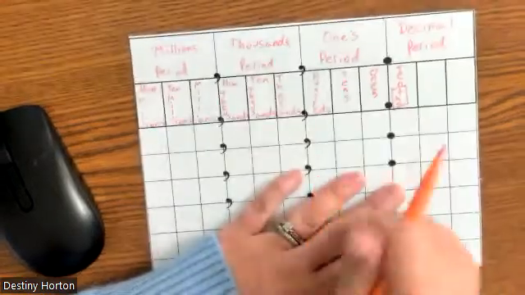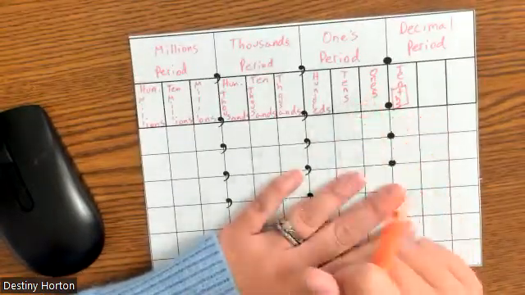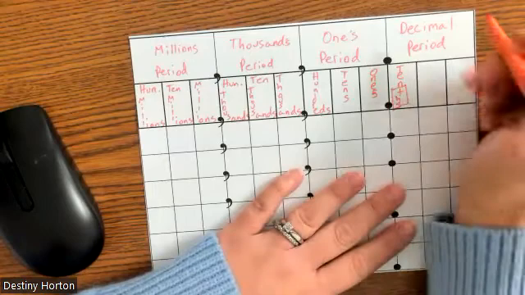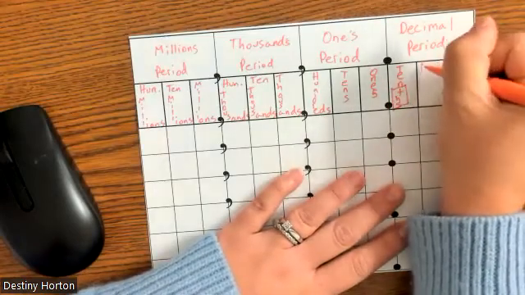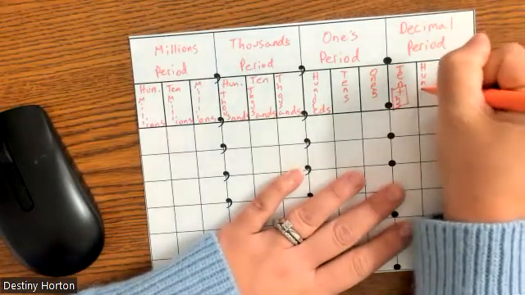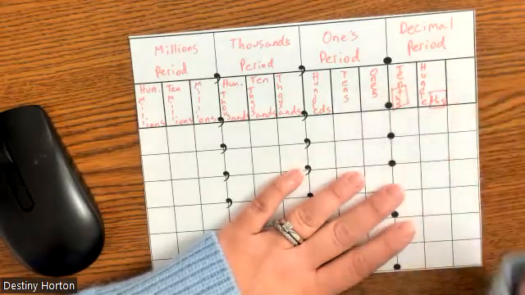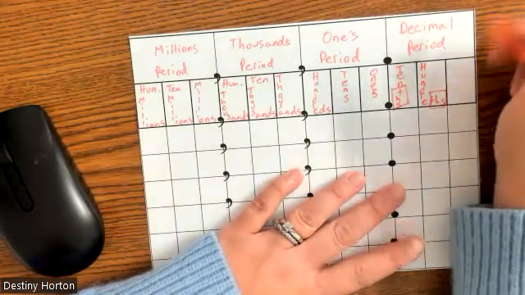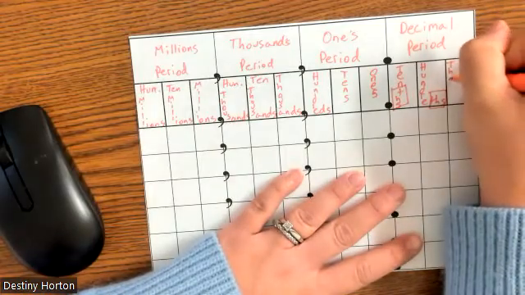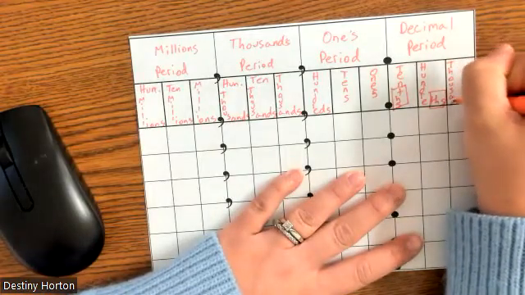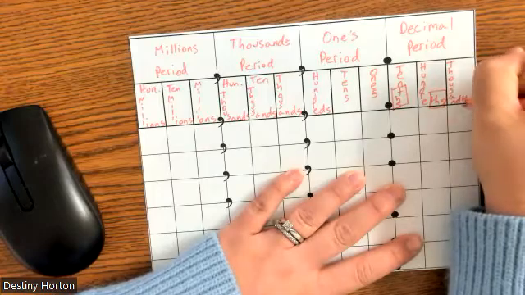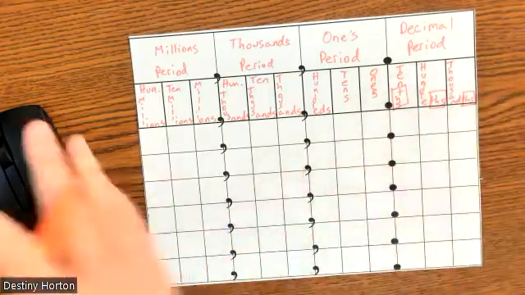So it's going in the same order. We just don't have, there's no such thing as a one. So we start with tenths. We go to hundredths. And again, there's that THS. And then we have thousandths. And then again, there's that THS.